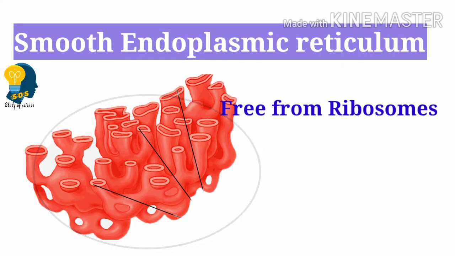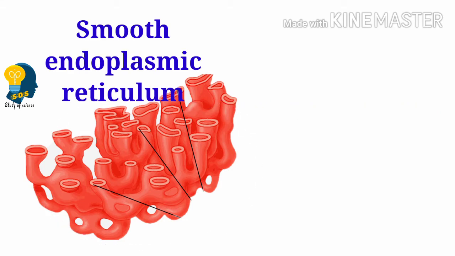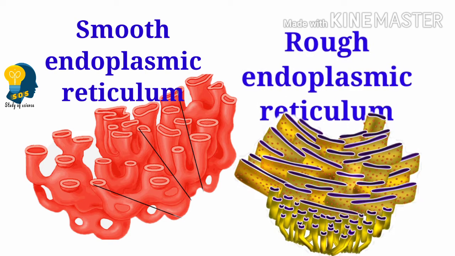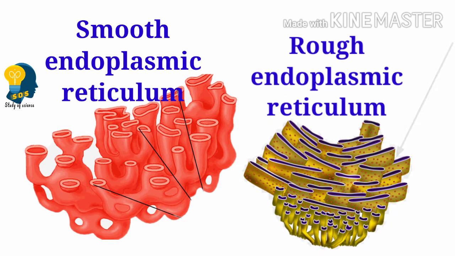Clear? The endoplasmic reticulum is majorly classified into two types: smooth and rough. Why do we call it rough? Because it is attached by ribosomes. Why do we call it smooth? Because it is free from ribosomes. So we have understood smooth and rough endoplasmic reticulum.